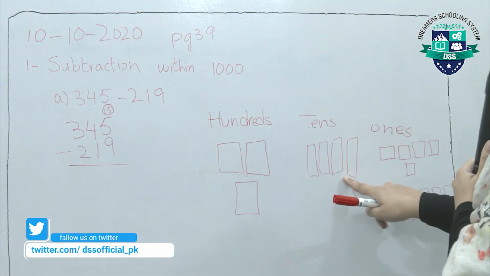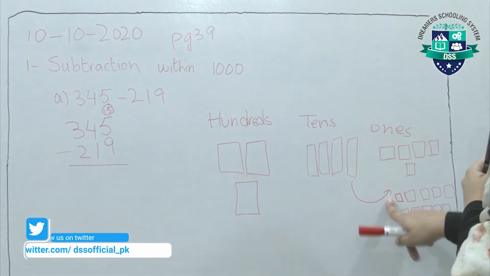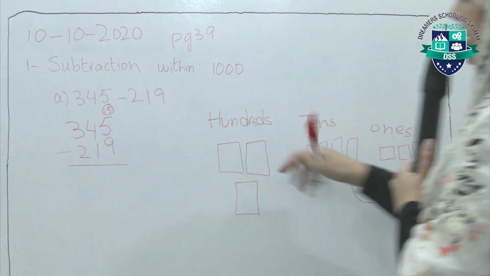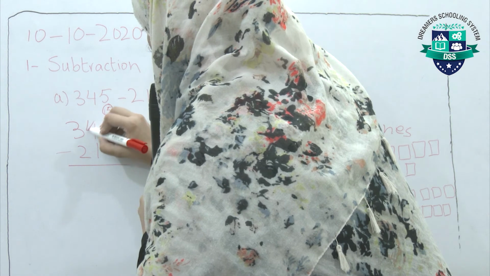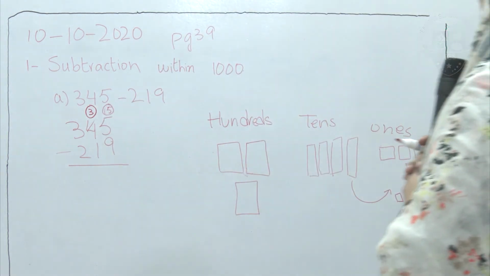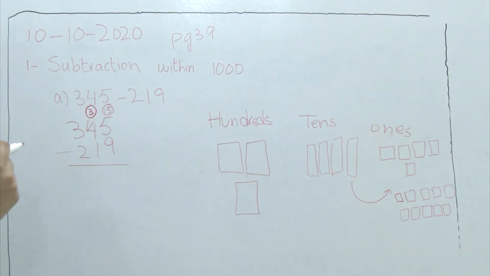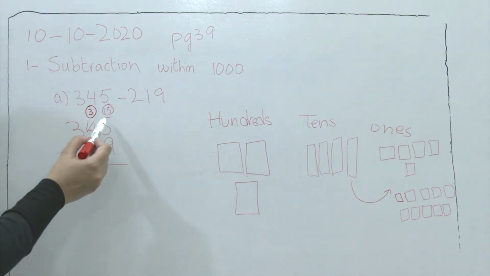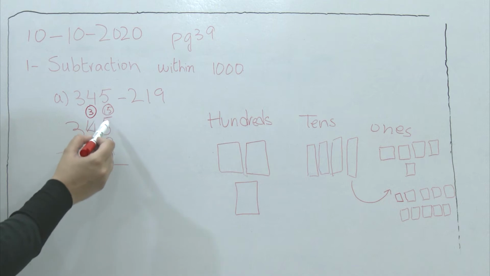And 4 tens. As 1 is taken away, how many are left? 3 tens. So now it's not 4, it's 3. So now let's start our problem. It's very easy now. 15, it's not 5, it's 15 now.